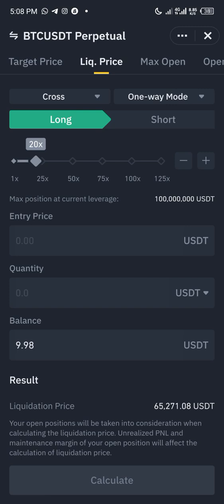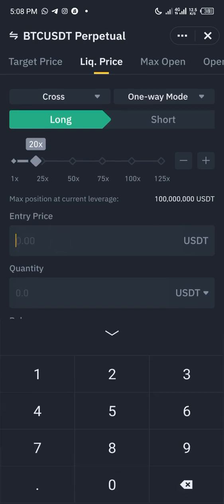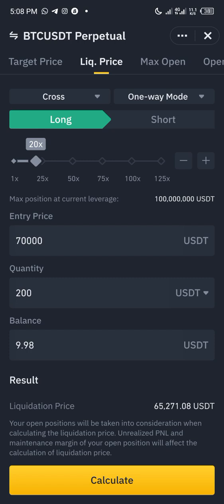So I'm in long position already with 20x leverage. This is the entry price. The entry price is asking me when do I want to enter into that market. Let me say when Bitcoin is $70,000, and the quantity right here is the amount I want to use to enter the trade. Let me use $200. This $200 is actually not fully my own, because I'm using leverage, which is 20x leverage. So I've already inputted that.